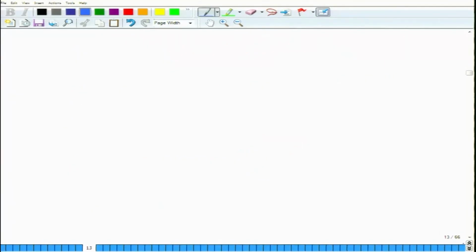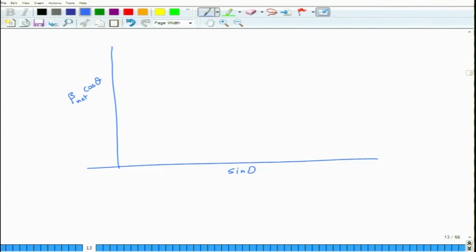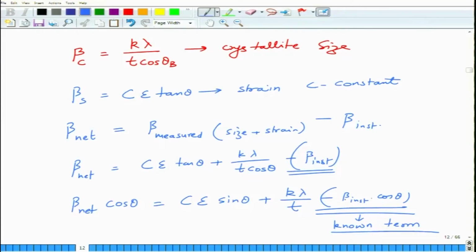So, this is a simple linear equation, and I plot beta net cos theta as a function of sin theta. I can take this on this side.